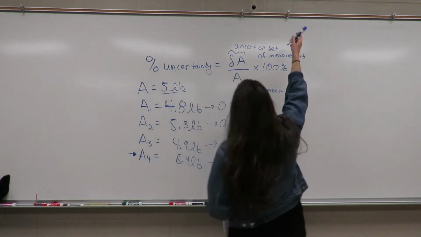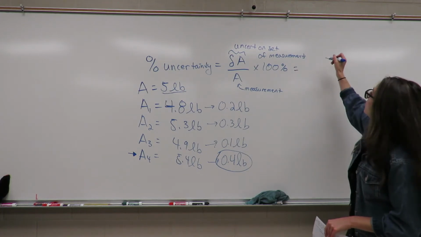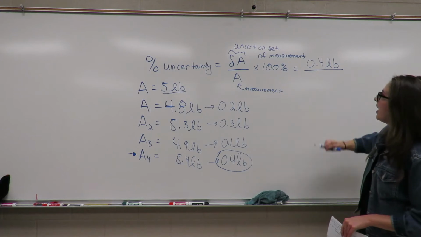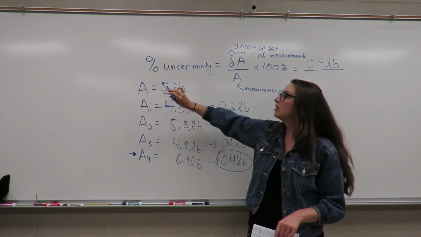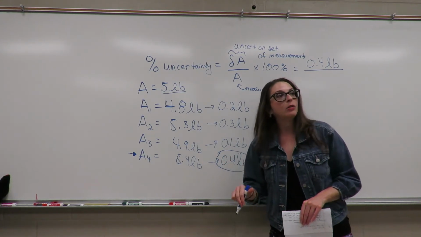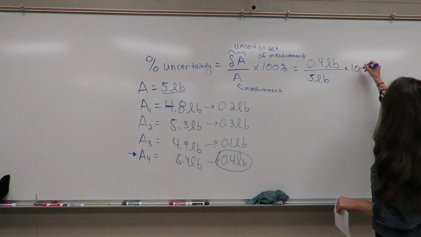Okay, so then if I do that, then my percent uncertainty becomes 0.4 pounds, because that's what I'm going to use for my delta A, divided by what was suggested for that standard weight of the bag should be, which was 5 pounds, and then multiply that by 100%.